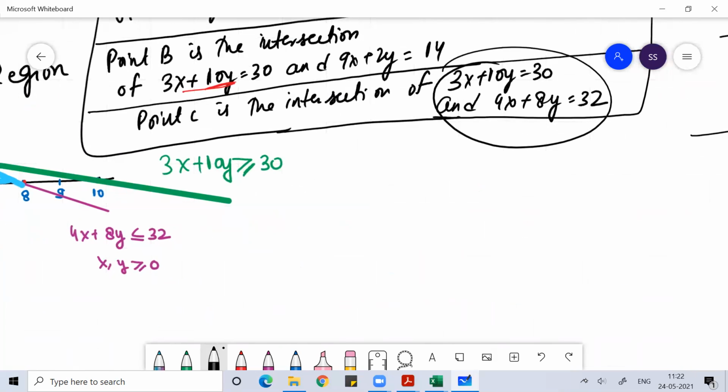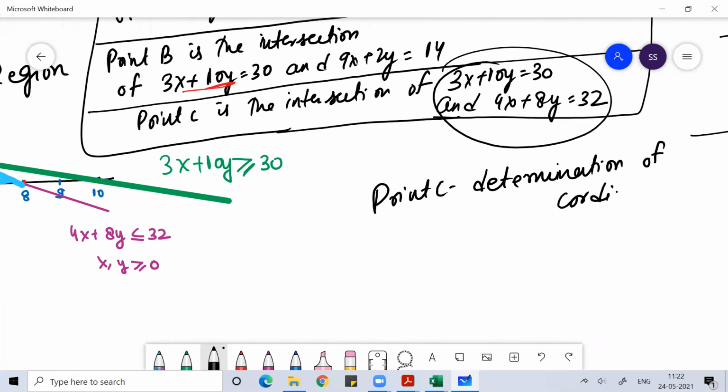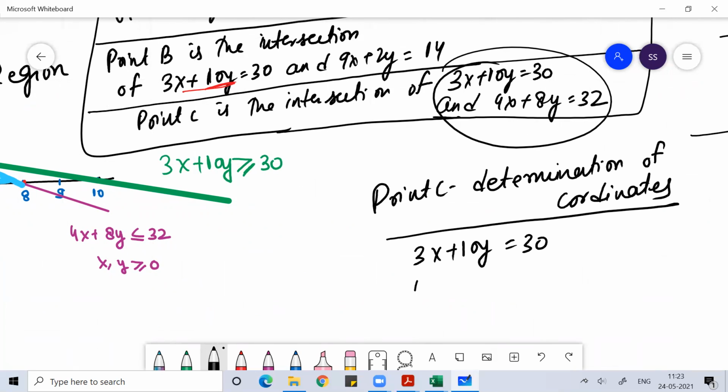I want to find point C coordinates, basically the intersection of 3x plus 10y is equal to 30 and 4x plus 8y is equal to 32.